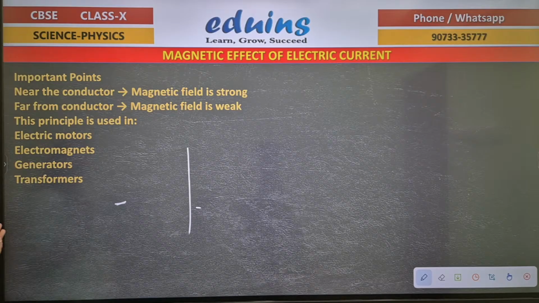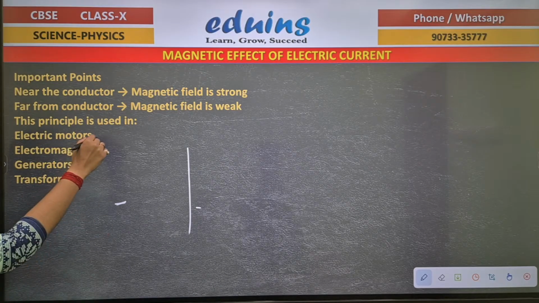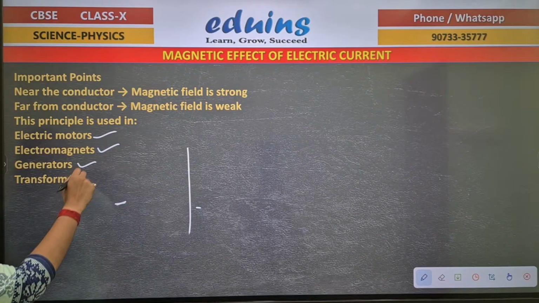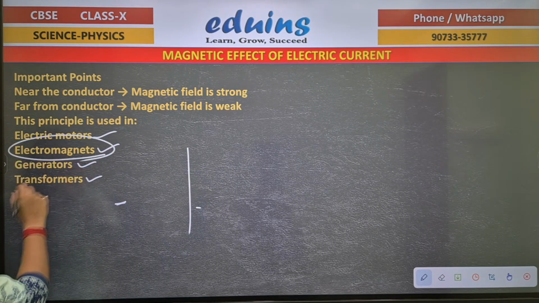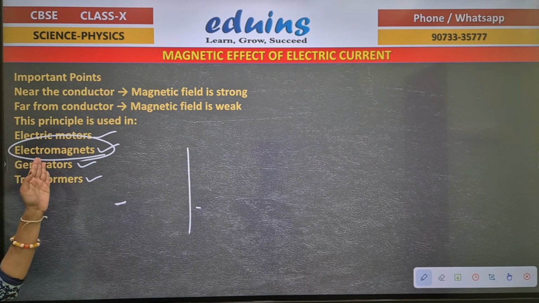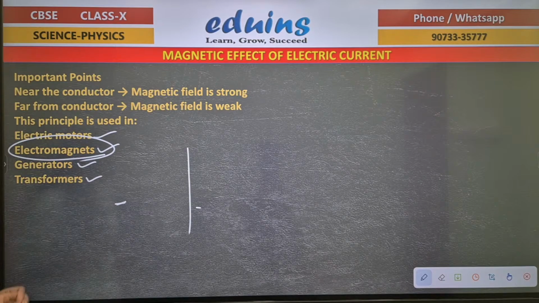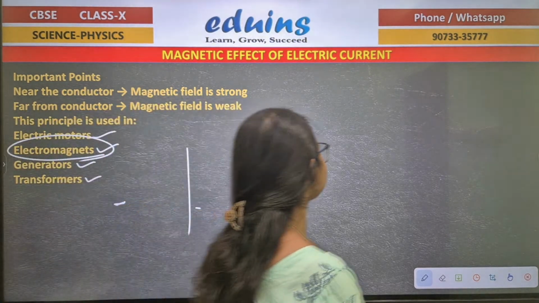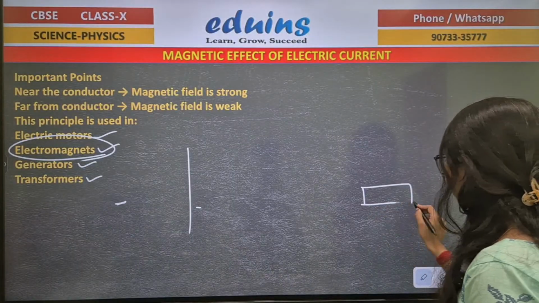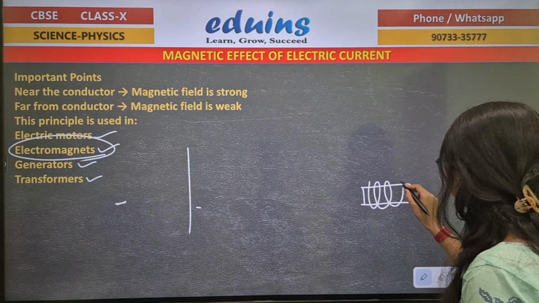So this principle is used in electric motors, electromagnets, generators and transformers. So that's how we can make an electromagnet.